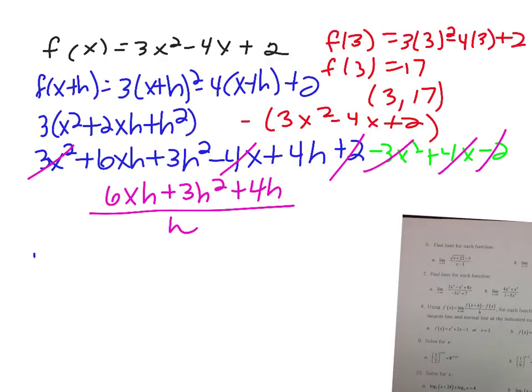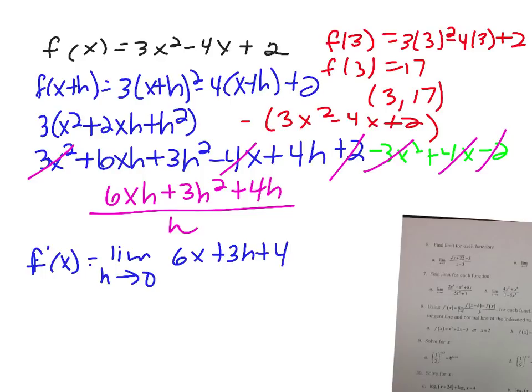So f prime of x is equal to the limit as h approaches 0 of 6x plus 3h plus 4. We plug in 0. So I get 6x plus 3 times 0 plus 4.